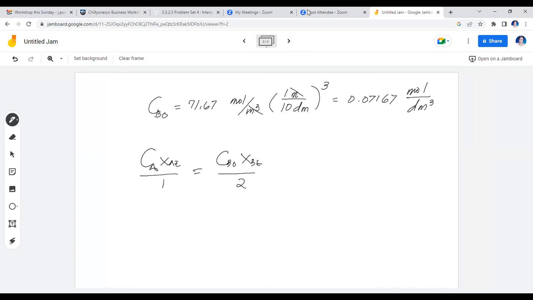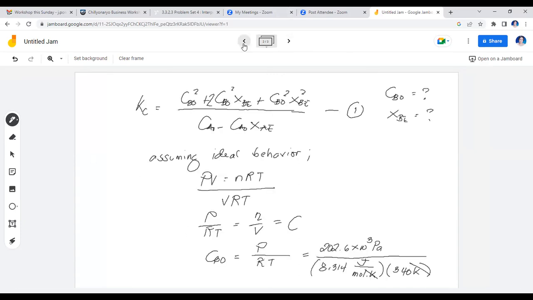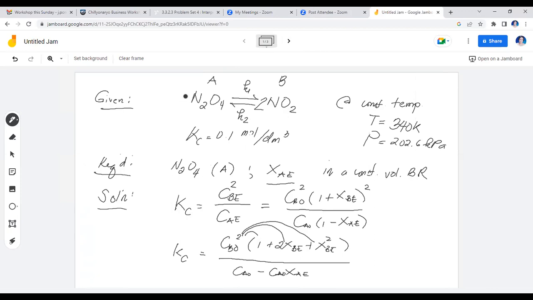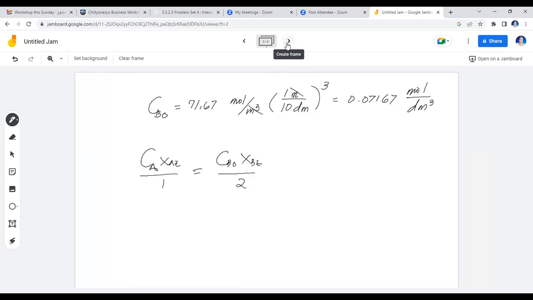Why is that? Because based on our stoichiometric equation, you have 1 for the coefficient of dinitrogen tetraoxide, our A, and you have 2 for nitrogen dioxide, our B. So you can use that particular stoichiometric relationship. That way, we can have this relationship here. And from here, we could see that CBO XBE is just equal to twice CaO XAE.